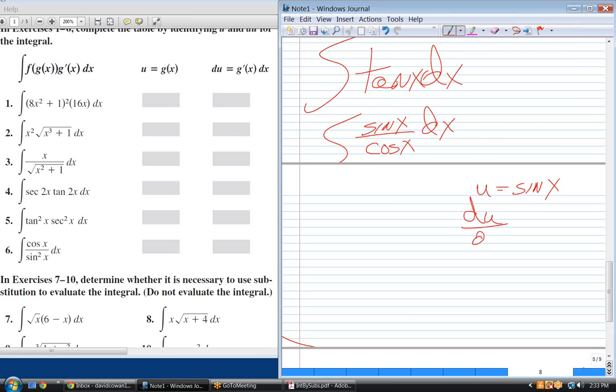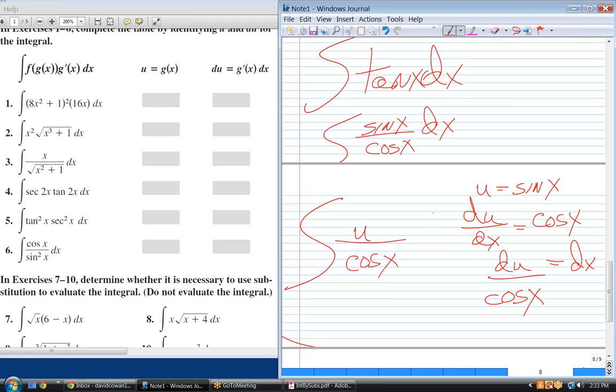Now du dx equals cosine x, so dx equals du divided by cosine x. Now I've got the integral of u over cosine x, and now dx is going to be du over cosine x. Now I've got an integral I have no idea what to do with.